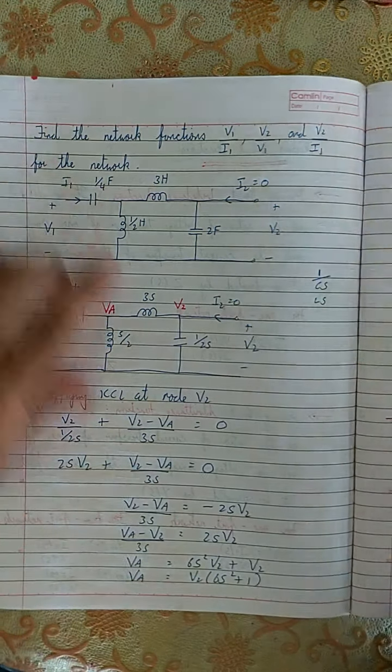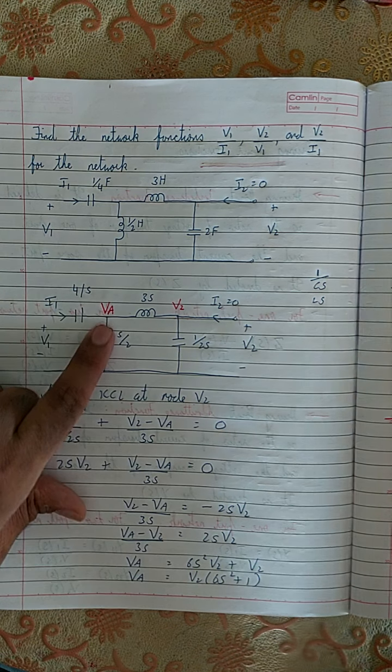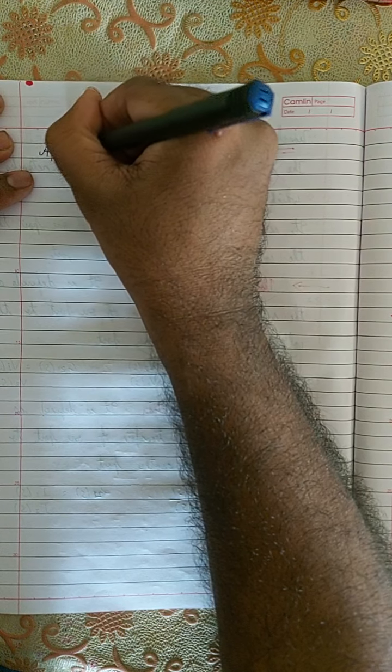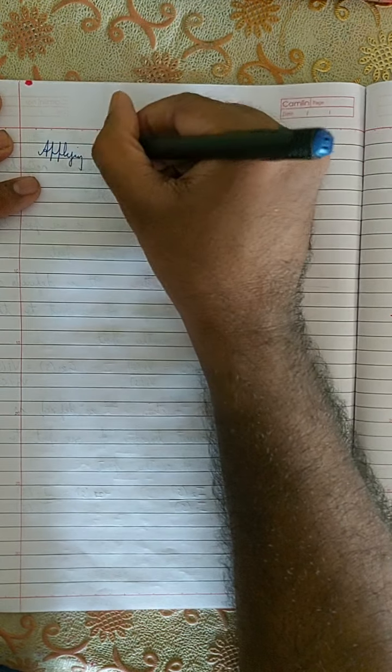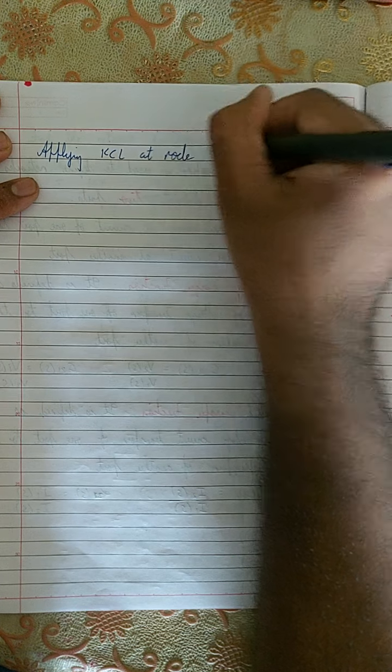Okay, so next I'm going to apply Kirchhoff's current law to this node VA. So applying KCL at node VA, what do you get?